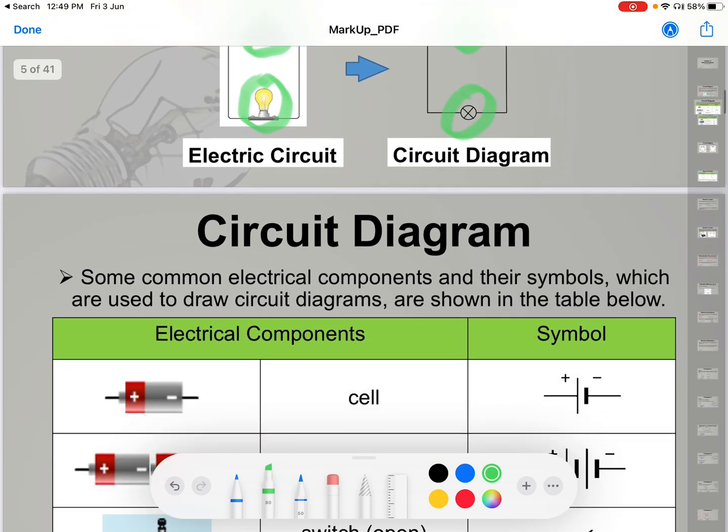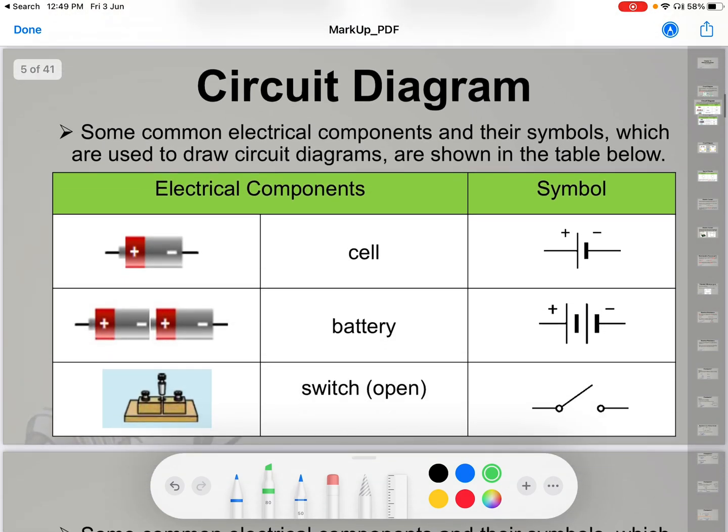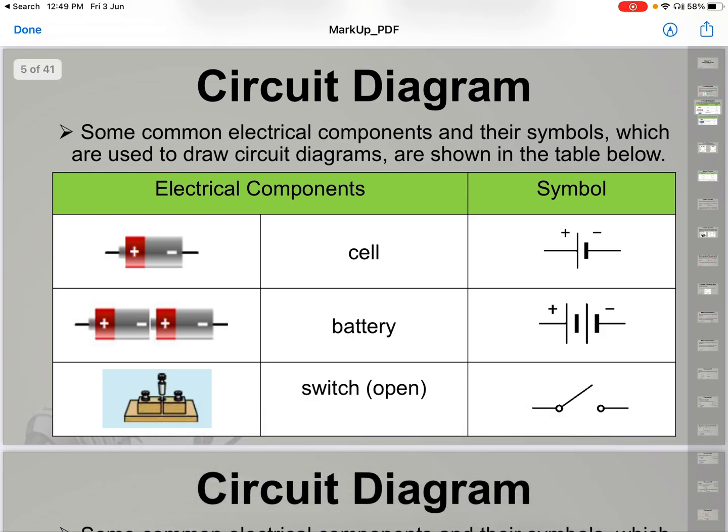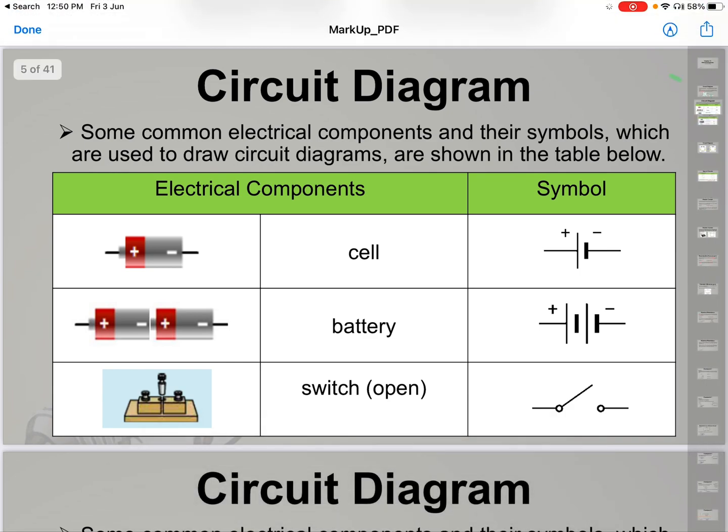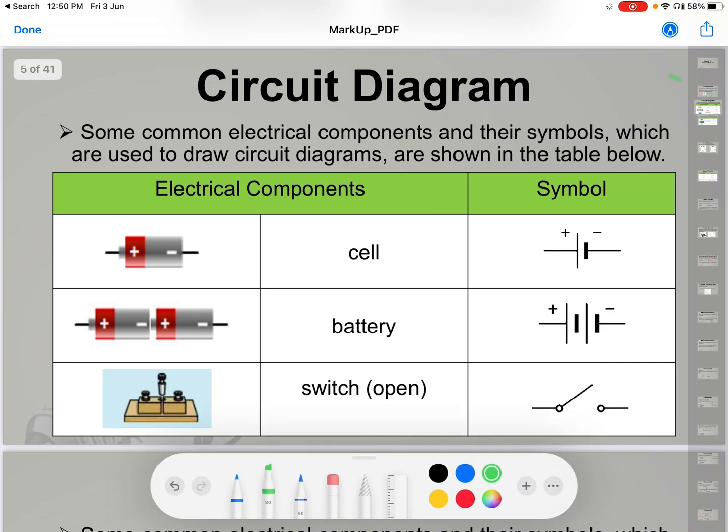All right, now, so let's take a look at some of the circuit components. Okay, now one cell means one battery, if we talk about singular and plural.